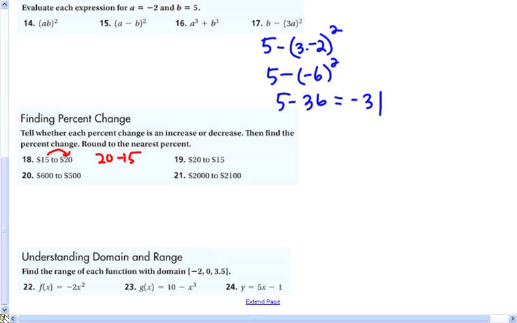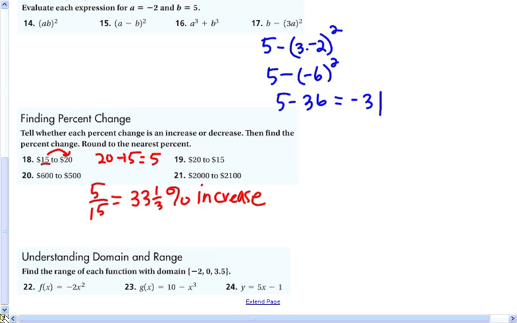So 20 minus 15 is 5. And then use that and your original amount to get your percent change, because you want to know what percent it changed from the number 15. And 5 out of 15 is 1/3, or 33 1/3%. And that's an increase. So a 33 1/3% increase on that one.